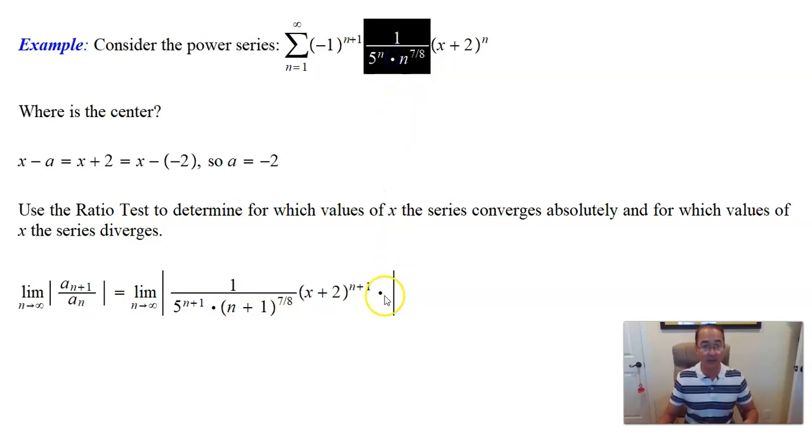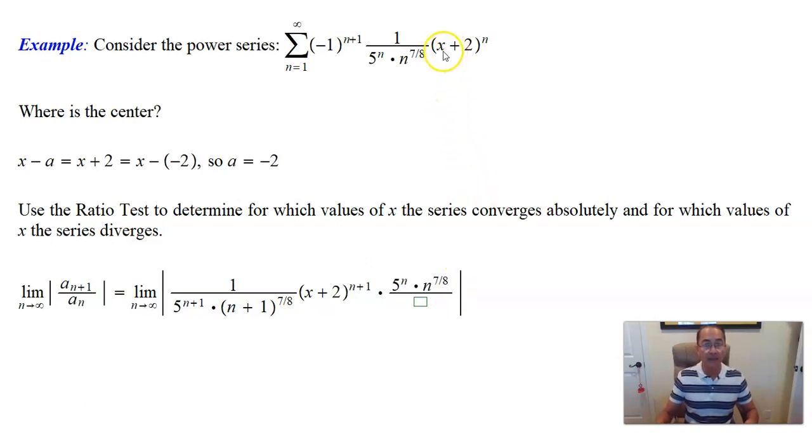So I'm going to copy this, but since we're multiplying, this goes in the numerator, and this goes in the denominator. Now we're going to try to simplify this as much as we can so that we can see what that limit is supposed to be.